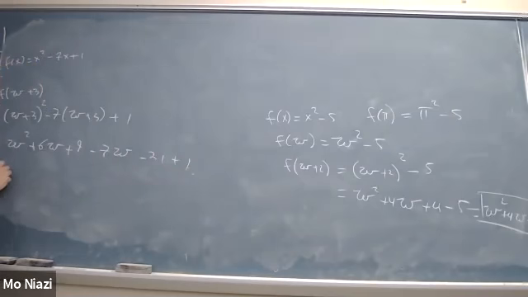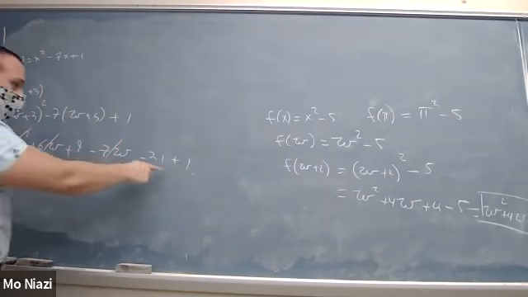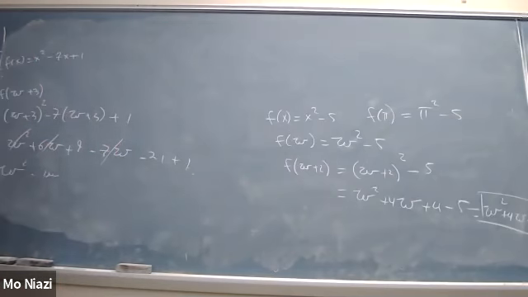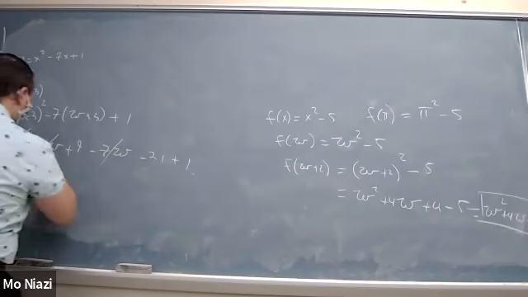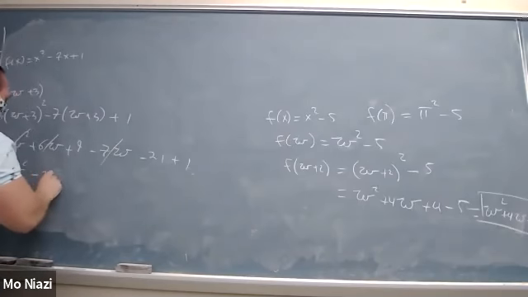So when we combine like terms, omega squared, goodbye. Omegas, we have a minus on omega, goodbye. 9 with 21, well, 9 with 21 with 1 is just negative 20. Then we add a positive 9 to that, what do we get? Very good. So f of omega plus 3 equals this.